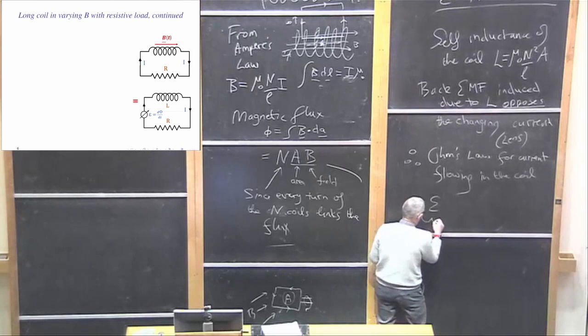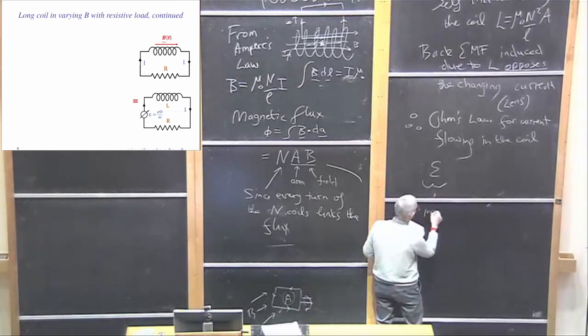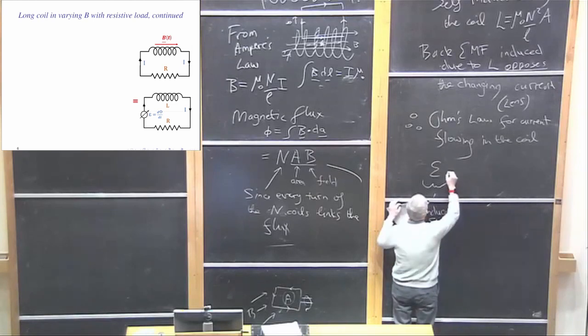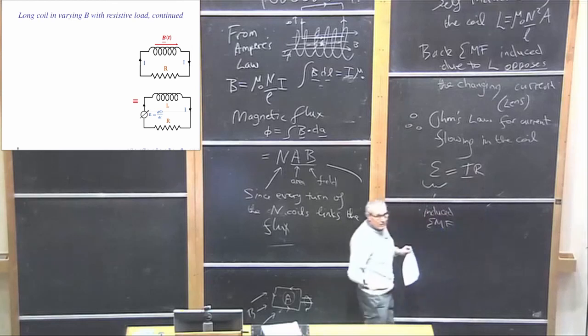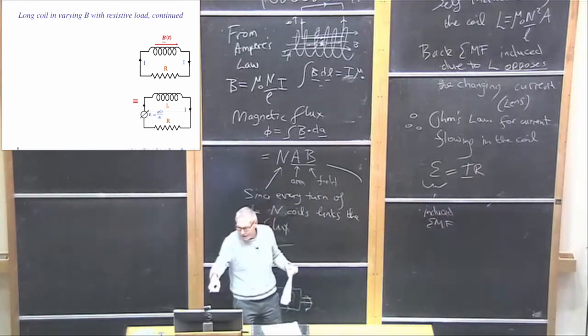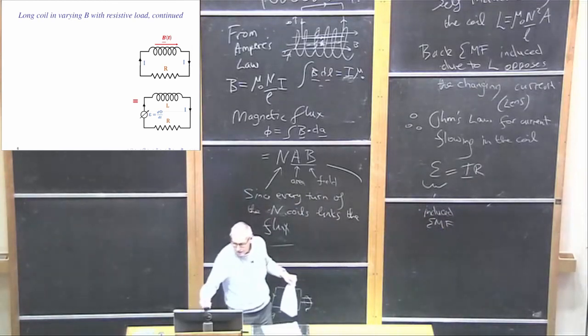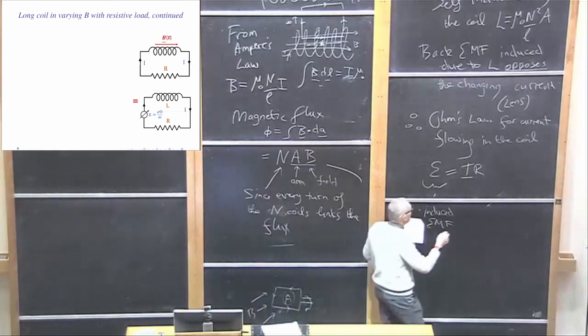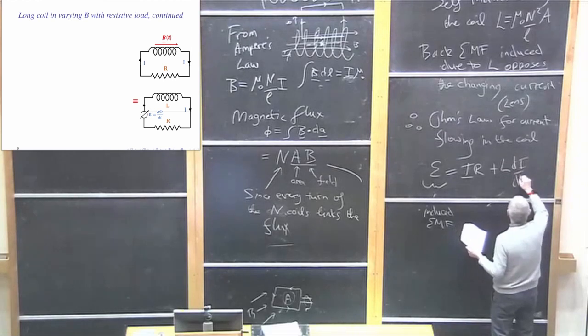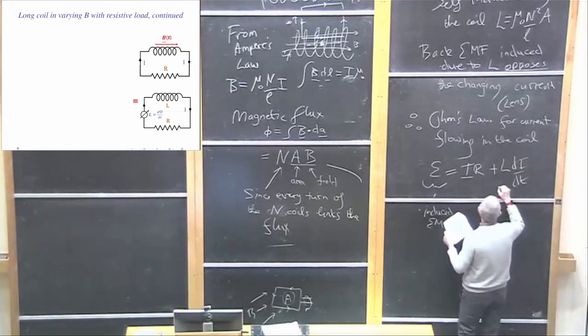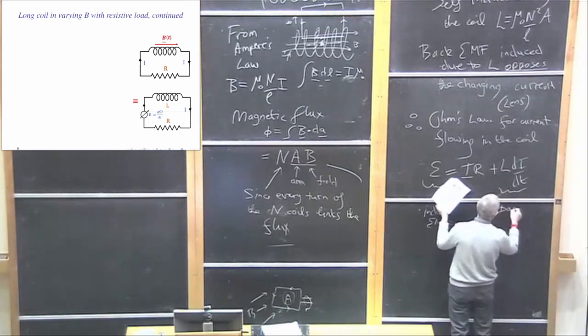So this is the induced EMF. And it's just like Ohm's law. Well, it is Ohm's law. IR, so the voltage across the resistor plus the voltage across the inductor. And this is the back EMF.